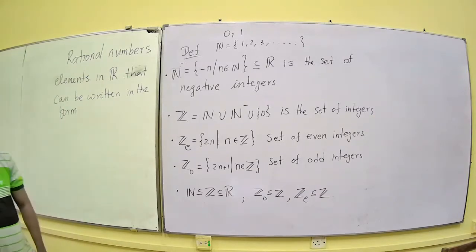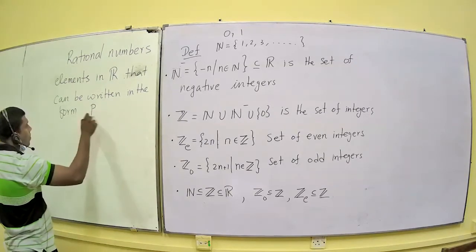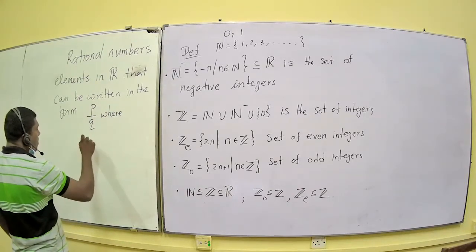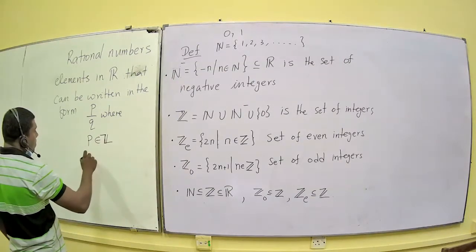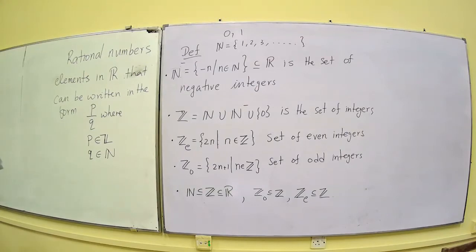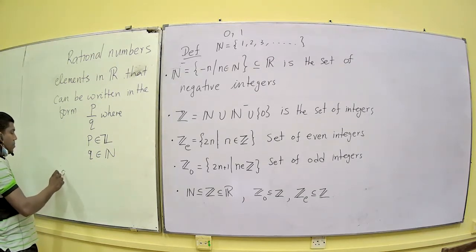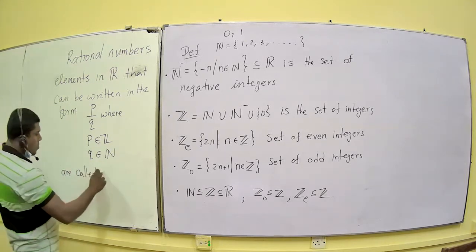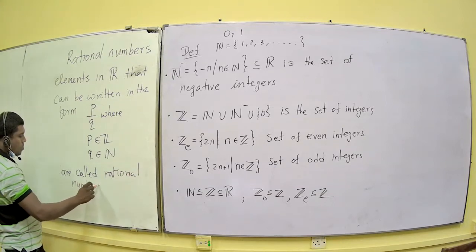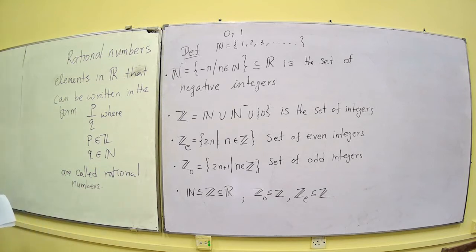So all elements in the set R that can be written in the form P upon Q are called rational numbers.